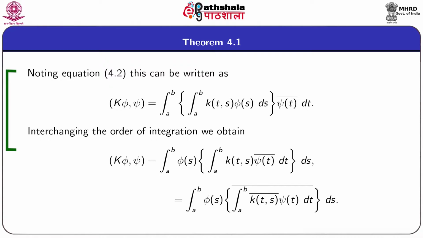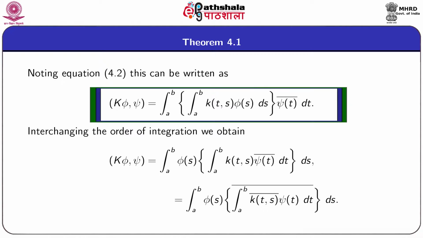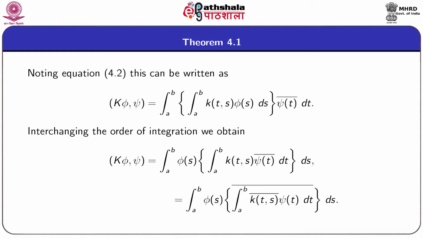That is, K phi is given by equation 4.2, that is, integral from a to b K(t,s) phi(s) ds. So we use this operator to write the inner product of K phi and psi equal to double integral, where the outer integral is from a to b psi bar (t) dt, and the inner integral is from a to b K(t,s) phi(s) ds.